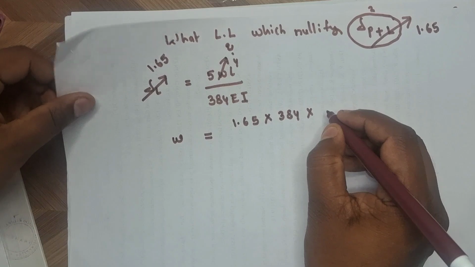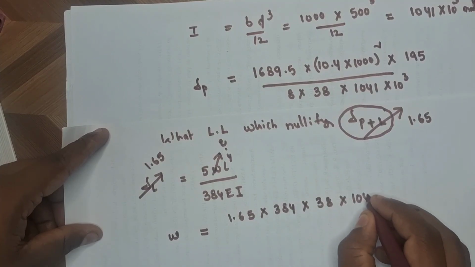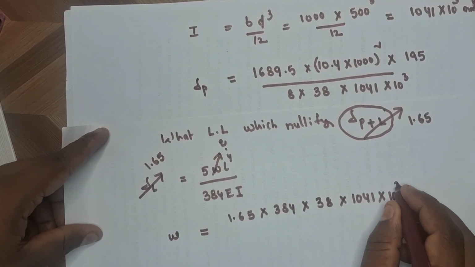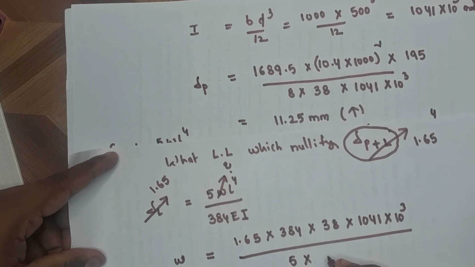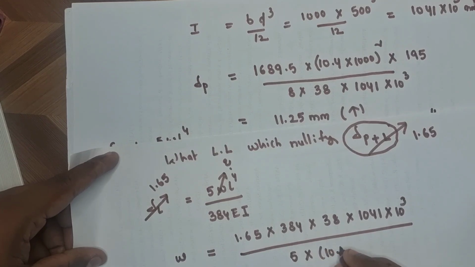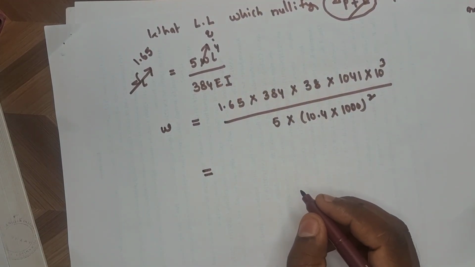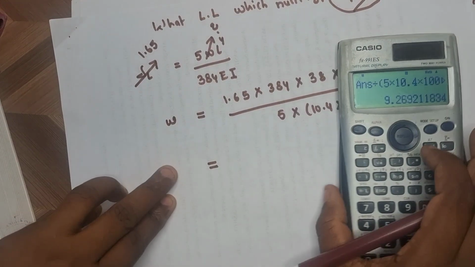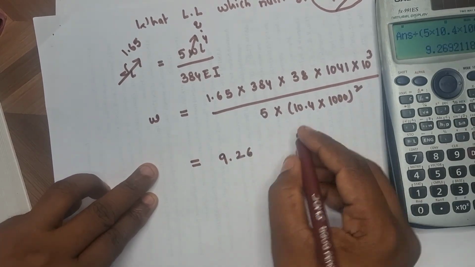What is the E value? E value is 38 into 1041 times 10 cube divided by 5 times span given as 10.4 into 1000 to the power of 4, right? The answer is 9.26.